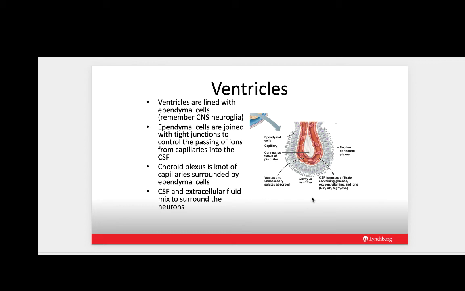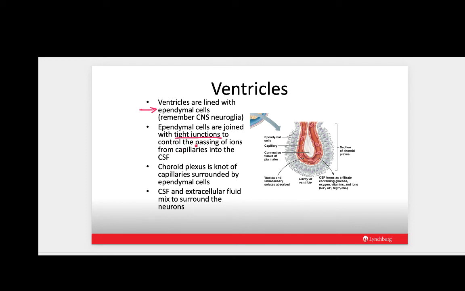Some histology with the ventricles: what we see is that ventricles are lined with a specific type of cell called ependymal cells. Ependymal cells are important because they're joined with tight junctions. Remember, we had three types of cell junctions, and tight junctions were one of them. Basically, the point of having a tight junction is to be able to have a lot of control.